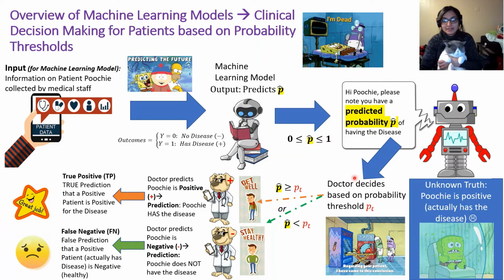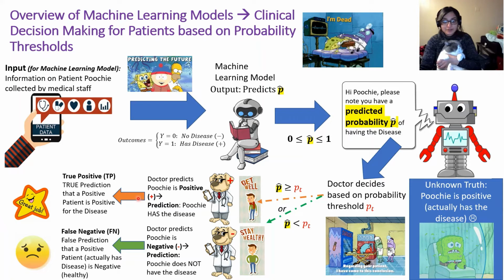And the doctor then decides based on the probability threshold: if the patient's predicted probability of having the disease is greater than or equal to the threshold, the doctor will predict positive, that Pucci has the disease, and if instead the predicted probability is below the threshold, the doctor will predict negative, that Pucci does not have the disease and is healthy. So this is the standard pipeline. And the unknown truth at the time of the prediction is whether or not Pucci actually has the disease.